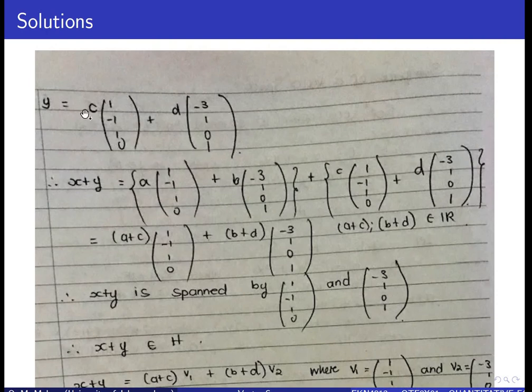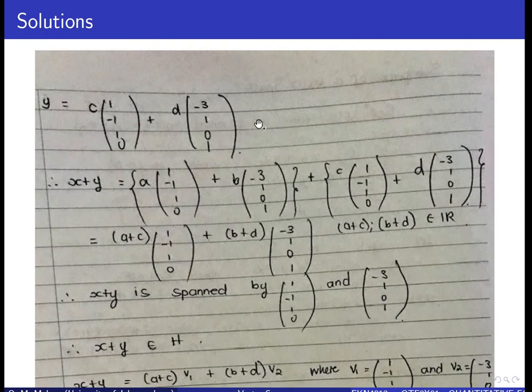And clearly kc and kd are scalars. So it is clear that ky will be in H because ky is spanned by 1, -1, 1, 0, as well as -3, 1, 0, 1.